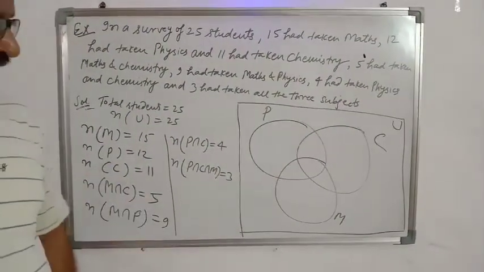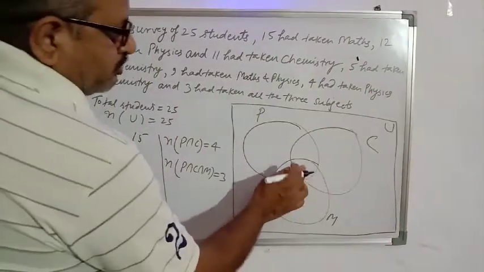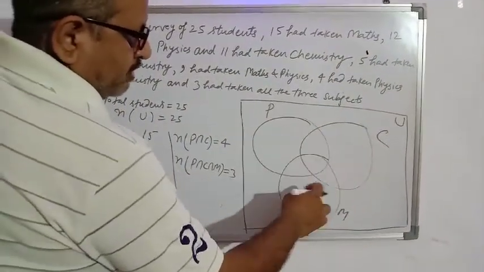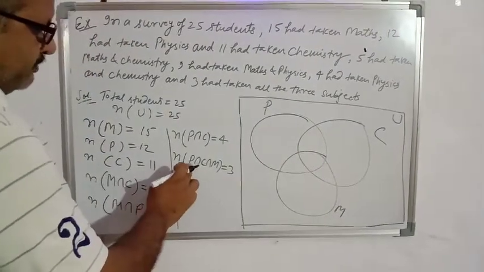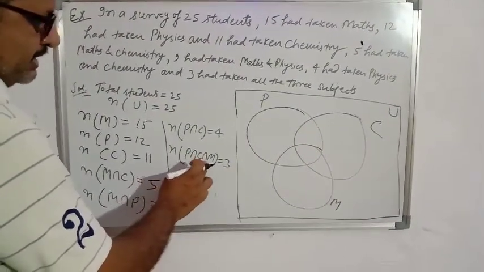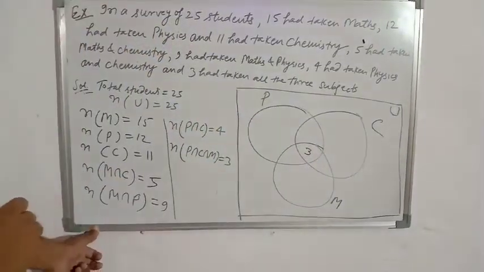In this Venn diagram, firstly we will fill the intersection region. So what is the intersection region of all the three? This region is the intersection, and the number of P intersection C intersection M is 3. So we will write the number 3 here.